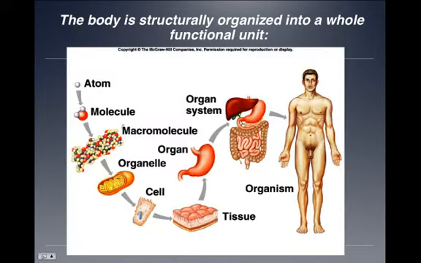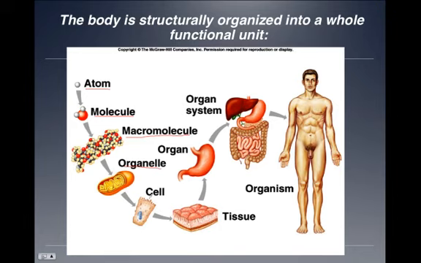So again, this is our structural organization or hierarchy. You should make sure you know this structural organization: atoms make up molecules, and they make up macromolecules. Again, we're going to talk more about this in the chemistry chapter. But those molecules make up organelles.